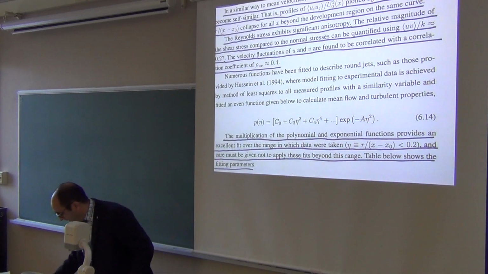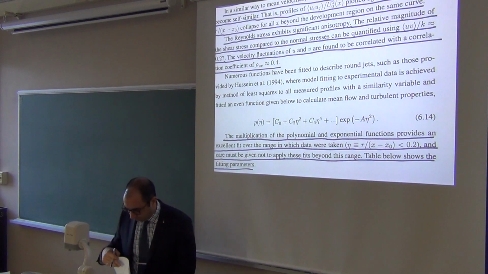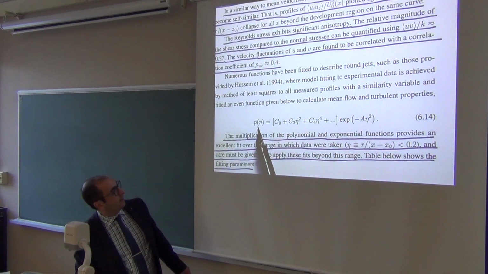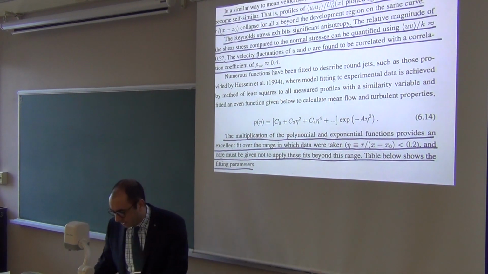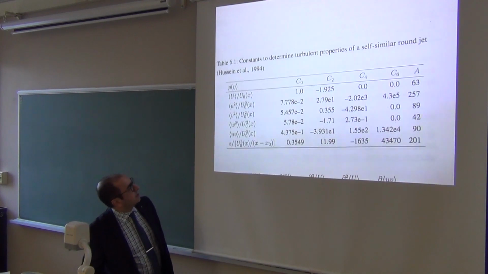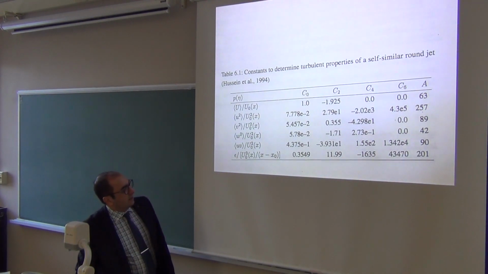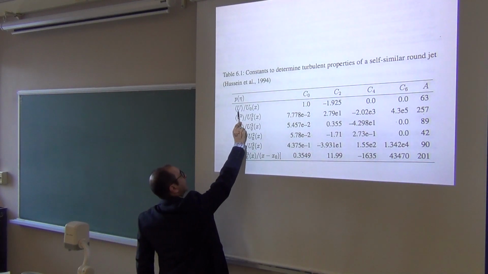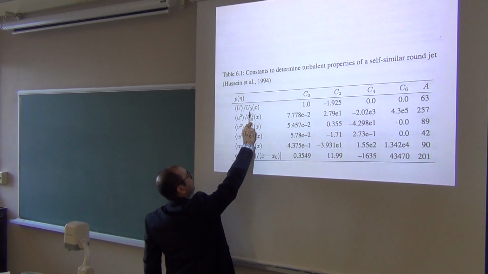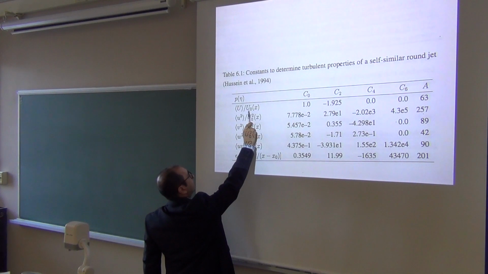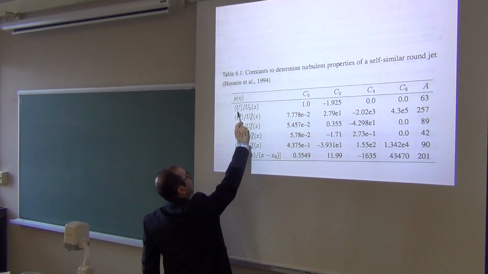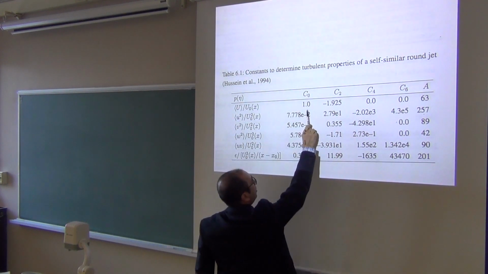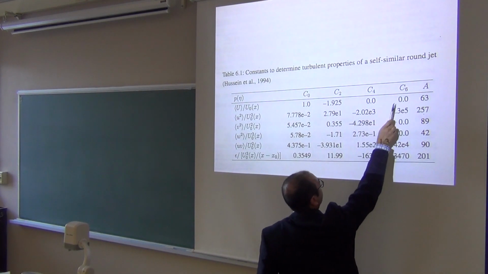Now, I'll show you the table. So here, P could be any variable of interest. And here I'm showing you some of the examples. If you're interested in mean flow in the axial direction divided by mean flow on the central axis, you normalize the axial direction. These are the constants you should use for that fit.